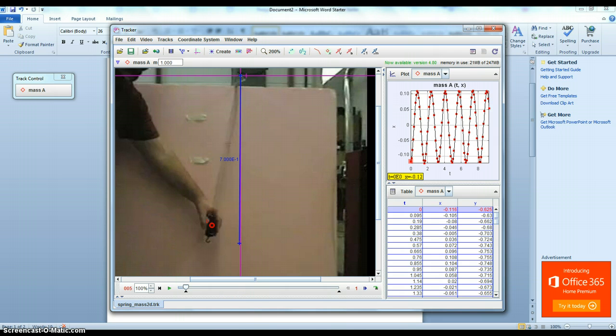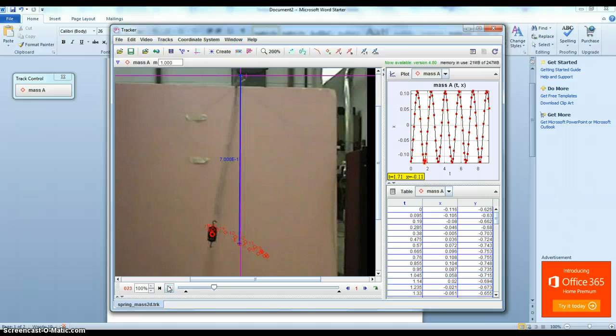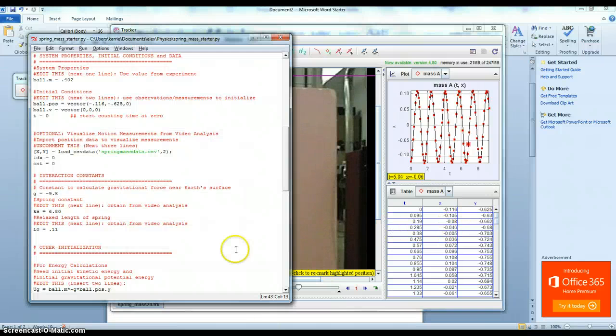Then I used a point mass system to track the position over time, and you get the x and y here, which we then saved as a CSV and used in our VPython.